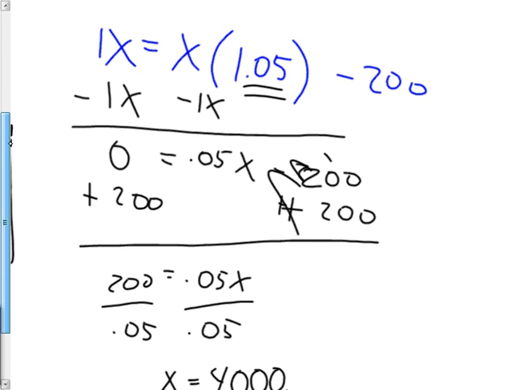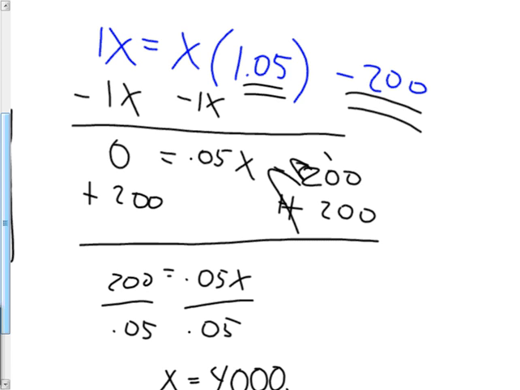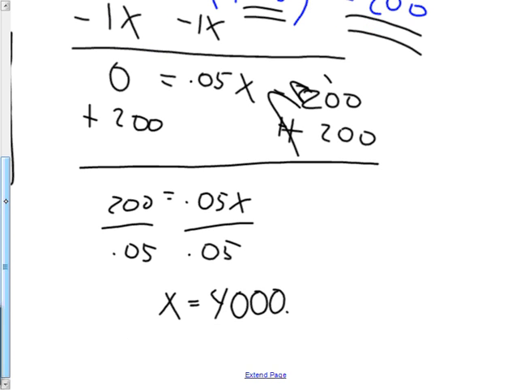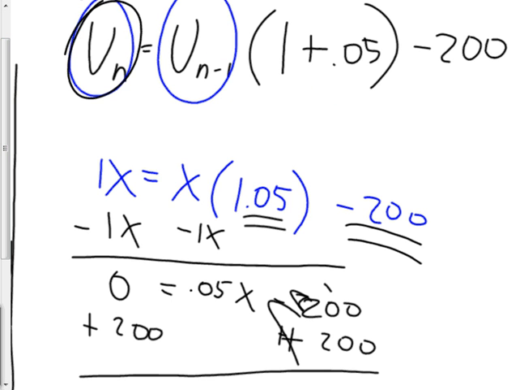If you're having 5% growth, but taking $200 away every year or every month or whatever you're doing it in, then that's what matters, not your starting value. Anyway, if you've gone way out in the calculator, like U sub 5,000, it'll be 4,000. So this is the by hand way where you set these two parts equal to x and solve. That's the moral of the story.